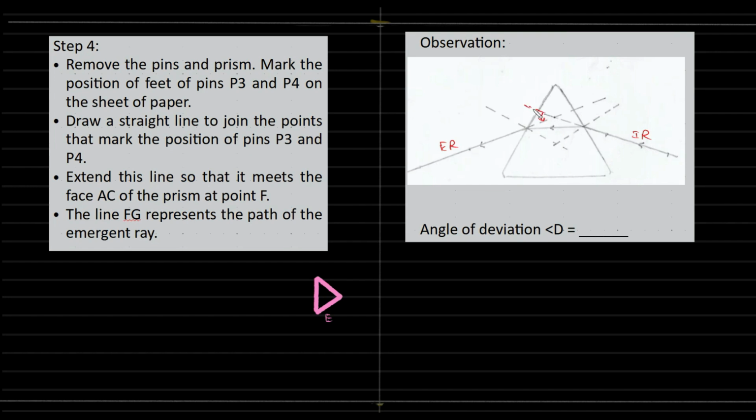A ray which was supposed to go this way got bent this way, right? So now how much was this? This was around 60 degrees. So angle of deviation is 60 degrees, right? That's your angle D. That's your entire thing.